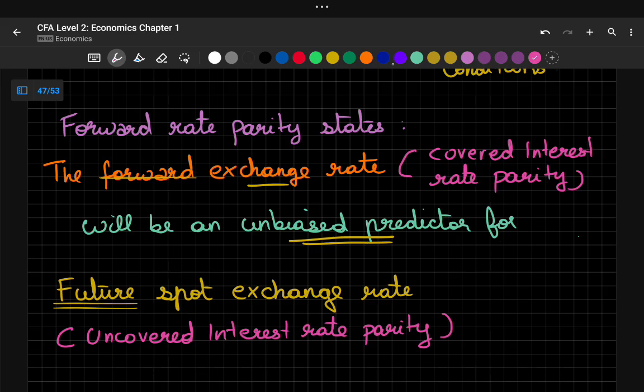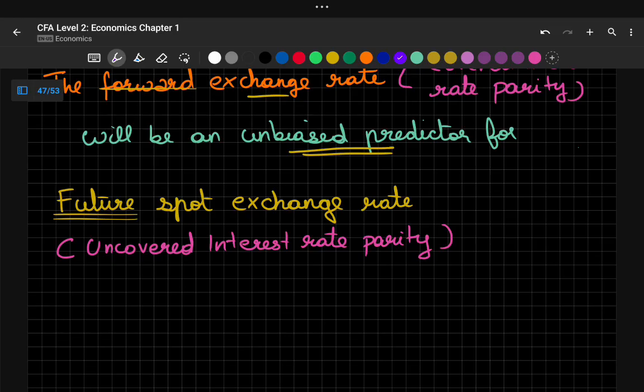Now, why have they mentioned the word unbiased predictor instead of the word equal? It is because I'll first write down the equation for forward rate parity.